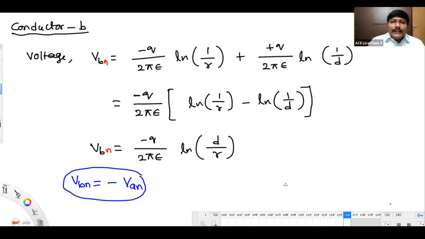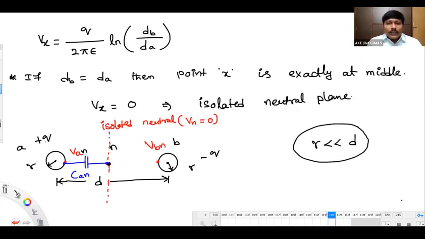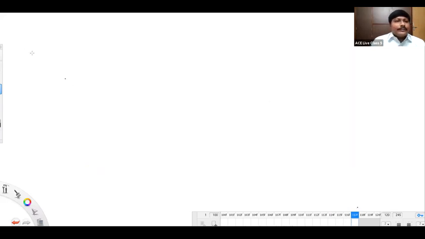Let's see the conductor B to neutral capacitance, CBN.